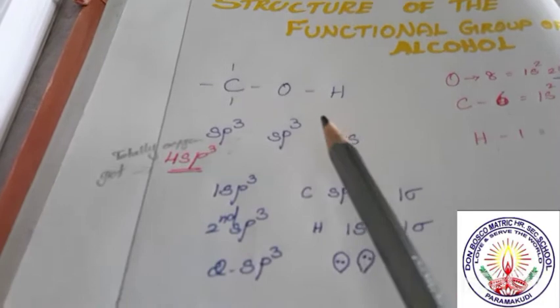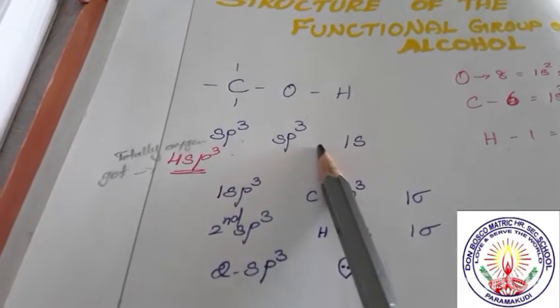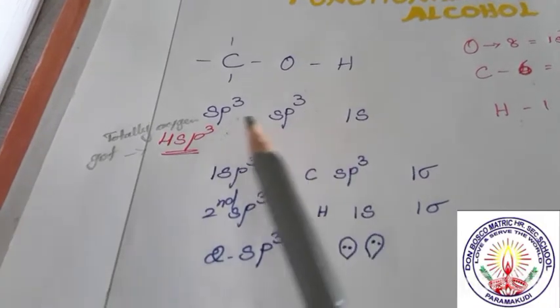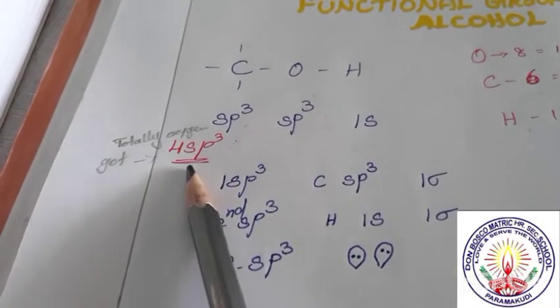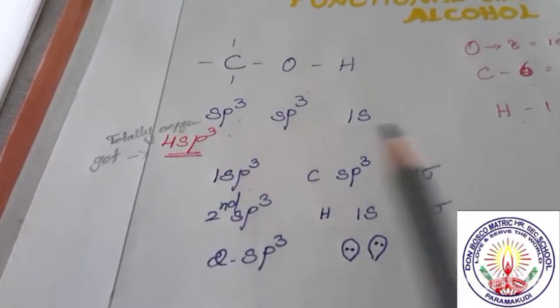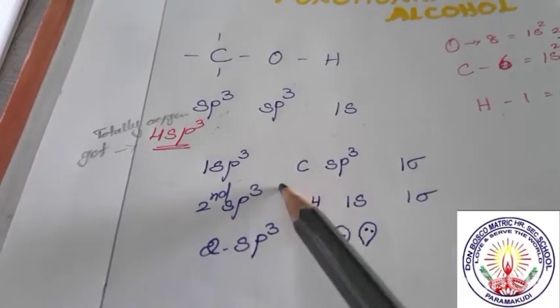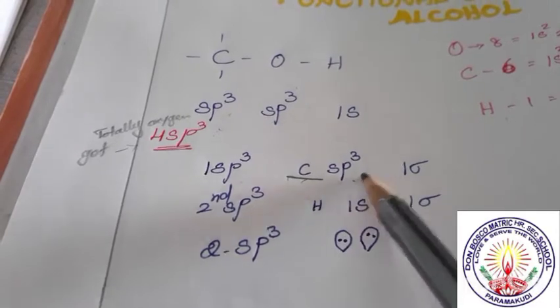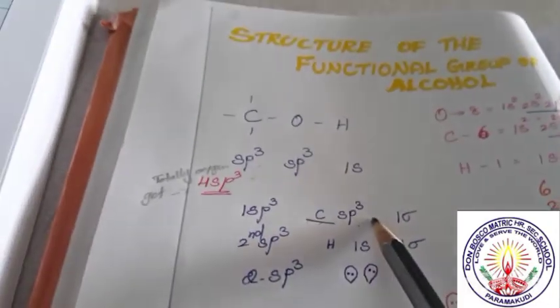And here oxygen has totally 4 sp3 hybridized orbitals, and out of 4 sp3, 1 sp3 is combining with carbon's 1 sp3 and forming a linear bond.